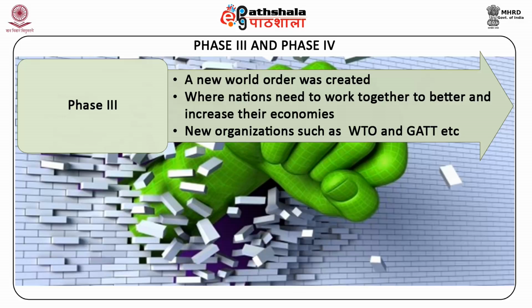It led to countries signing to create new organizations such as the World Trade Organization, WTO, and GATT, etc. as nations realized technology and management of technology are major drivers of economic growth and economic development. The development of less developed countries and distribution of the wealth among nations emerged as a new major world problem. But how to manage technology is integral to the development of the global economy.